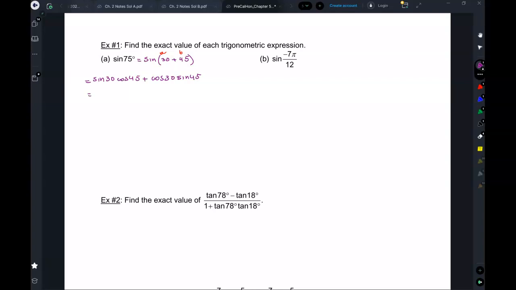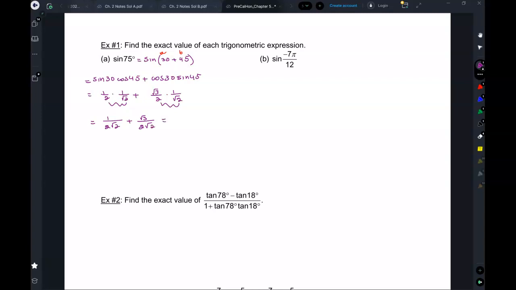Anyways, now, do I know what sine of 30 is? I do. It's a half. Do I know what cosine 45 is? 1 over root 2 plus cosine 30, sine of 45, right? And now, look at this. This is 1 over 2 root 2, root 3 over 2 root 2.